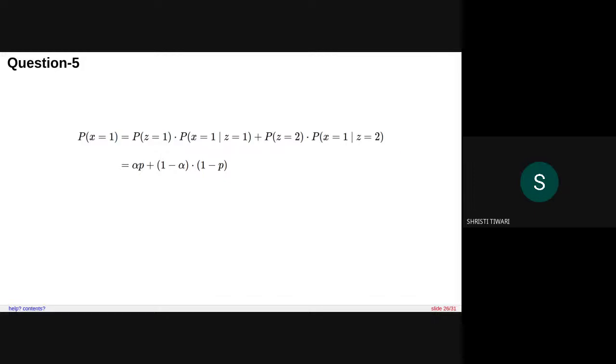No, sir, but p is not equal to q, na? Okay. So the point is, call this quantity some theta. What I'm saying is that the probability of seeing a 1 is some theta, which is the same as saying I am flipping one coin with probability theta.